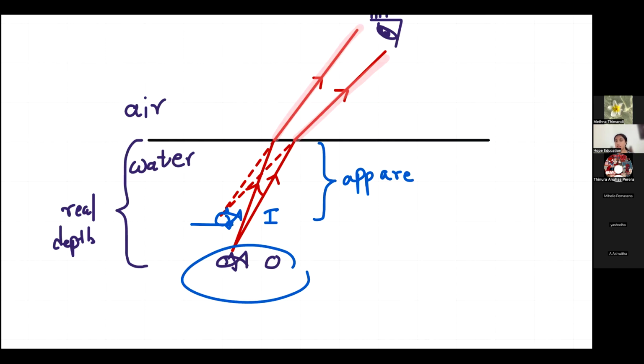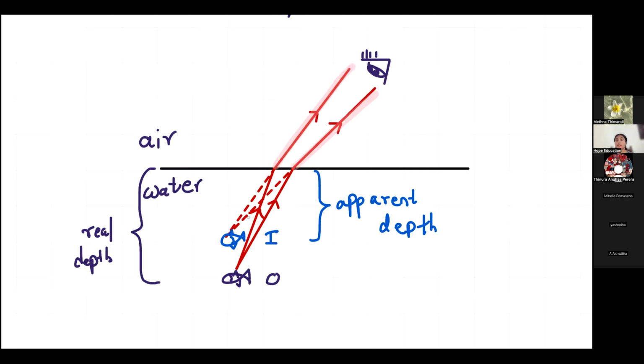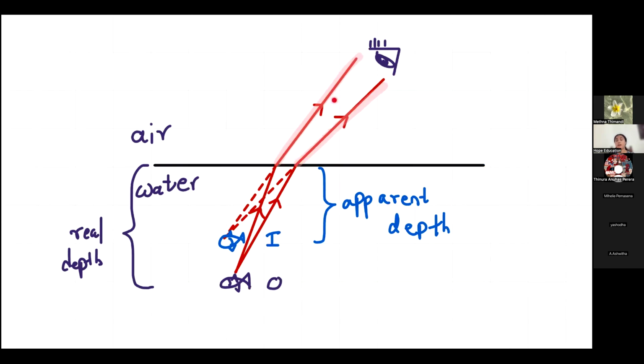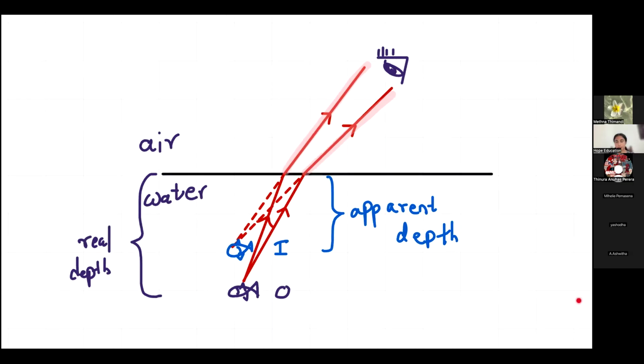So it's not a real depth, we call it apparent depth. Apparent means that's how it seems, but it isn't true. So this is apparent depth and this is real depth. Why do we see it like this? Because light rays bend when they travel from one medium to another. Is this clear to you? Yes, teacher. Others?